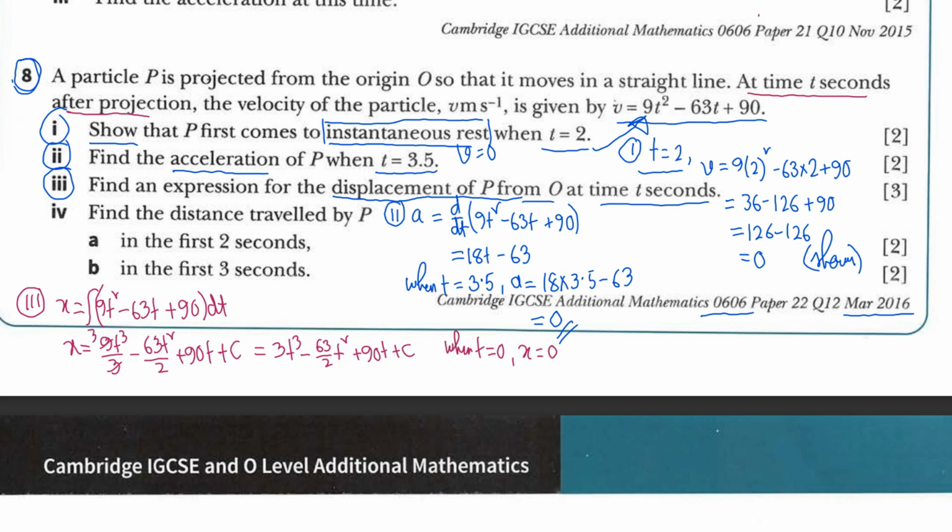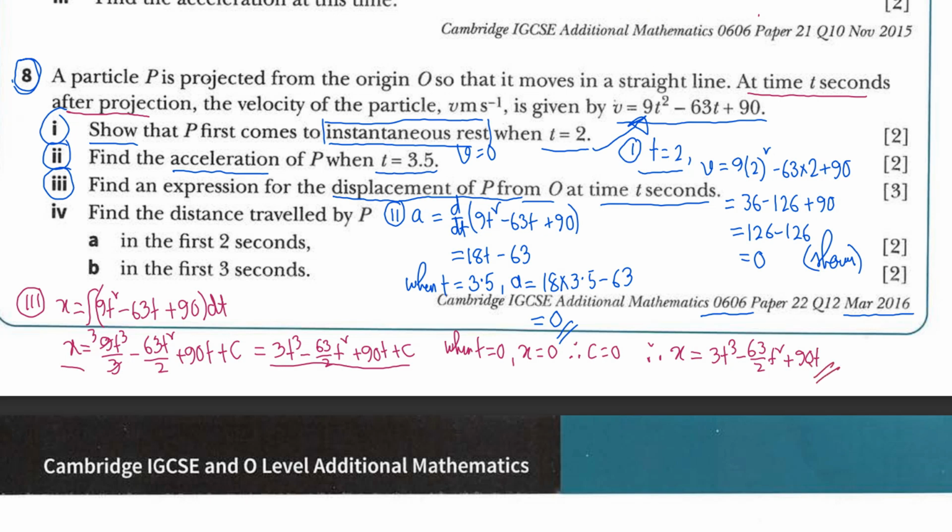Then if we put that in the equation, we definitely get c equals 0. So now we can write our final expression for the displacement, which is x equals 3t cubed minus 63 by 2 t squared plus 90t. This is our expression for the displacement.